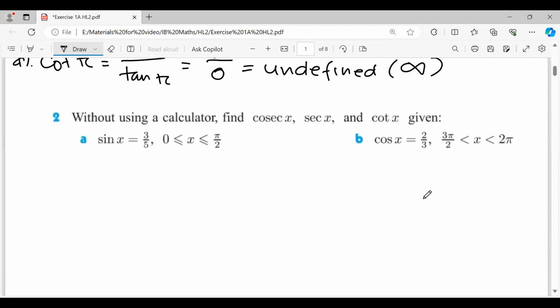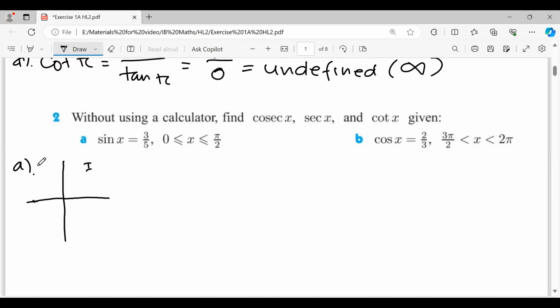So without using calculator, find cosecant x, secant x, and cotangent x given sin x equals 3/5 on this interval, 0 to pi half. Firstly, for 2a, I will sketch the quadrant.